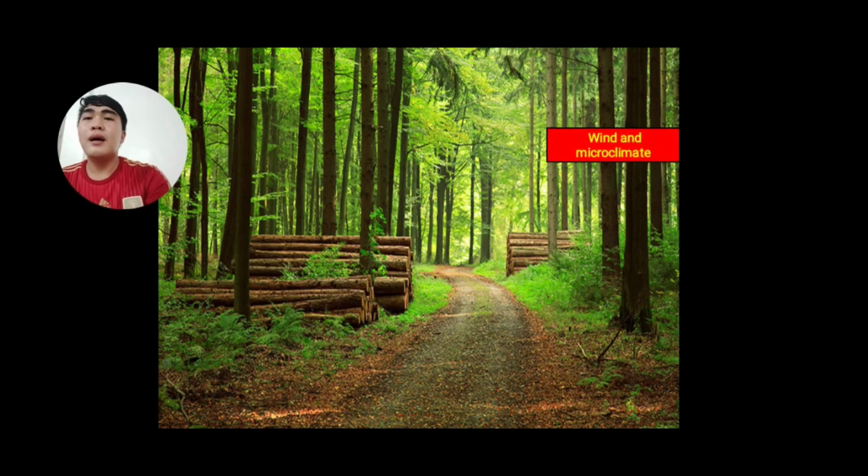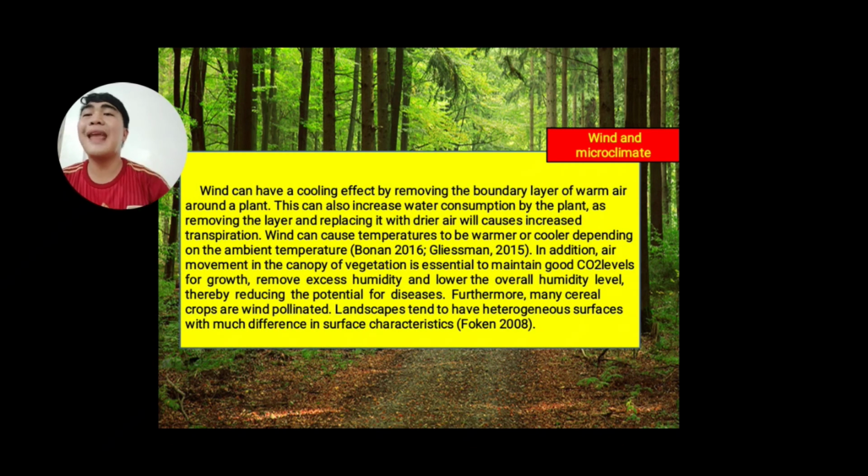Next is wind and microclimate. Wind can have a cooling effect by removing the boundary layer of warm air around the plant. This can also increase water consumption by the plant, as removing the layer and replacing it with drier air causes increased transpiration.